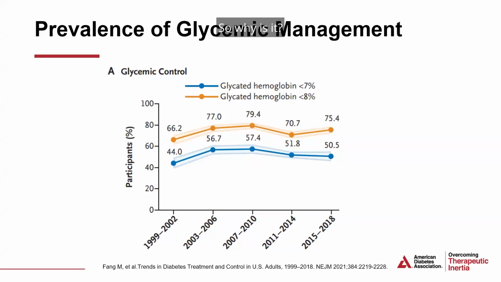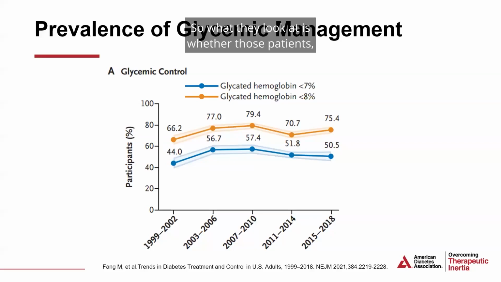So why is it? There may be several contributing factors. But what we found in other research, for example, in 2014, there was one paper looking at a retrospective analysis of insurance claim data for 90,000 people.